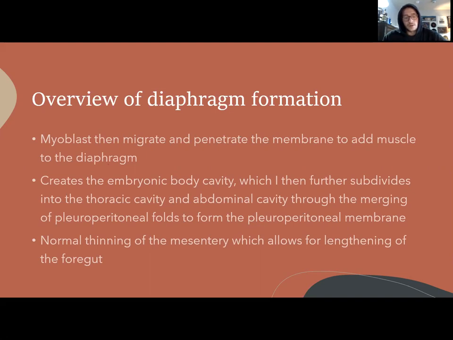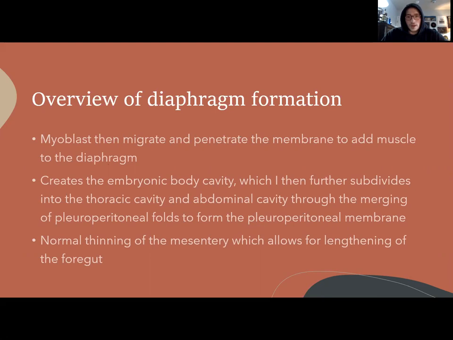So the diaphragm, once it is fused, is going to be what divides the embryonic body cavity and subdivides it into that thoracic and abdominal cavity. So that thinning of the mesentery that I talked about on the 3rd bullet point, that is going to be how these particular defects happen.